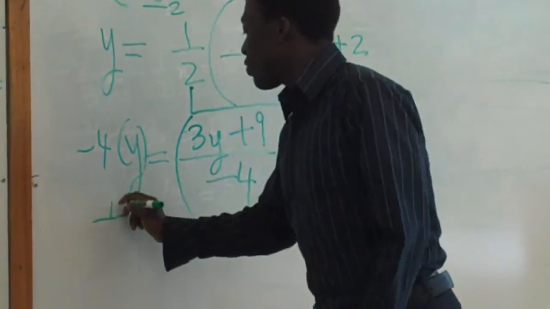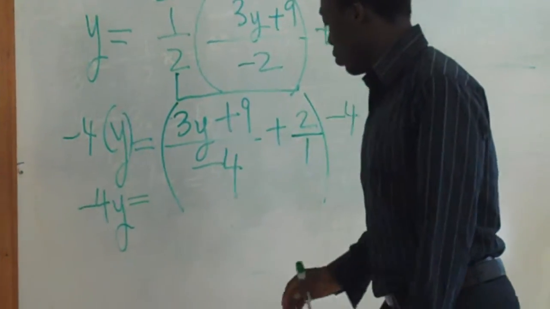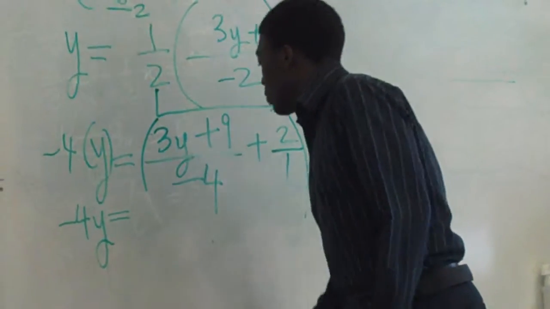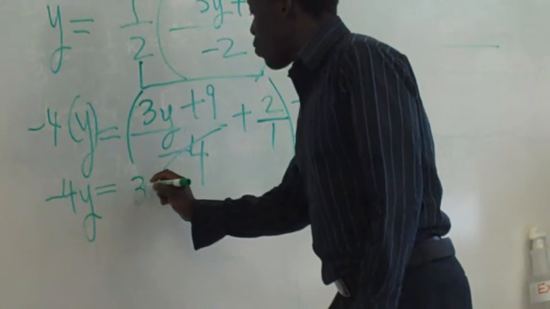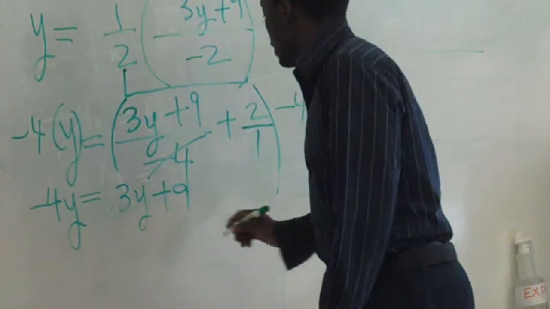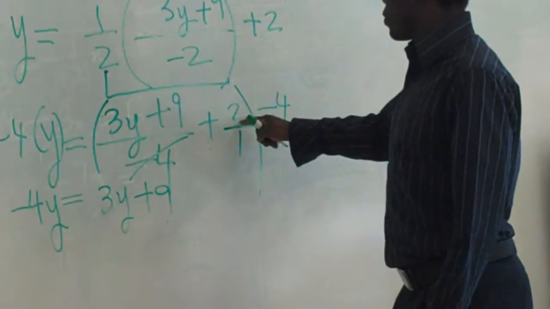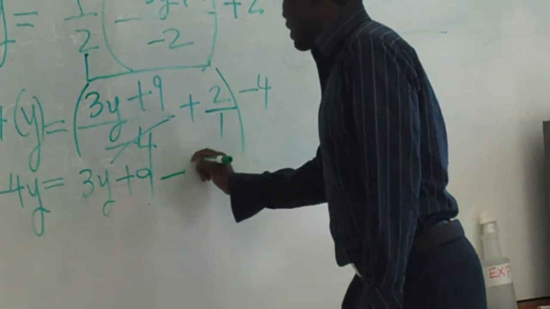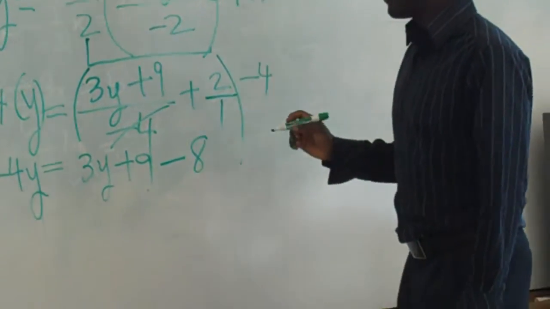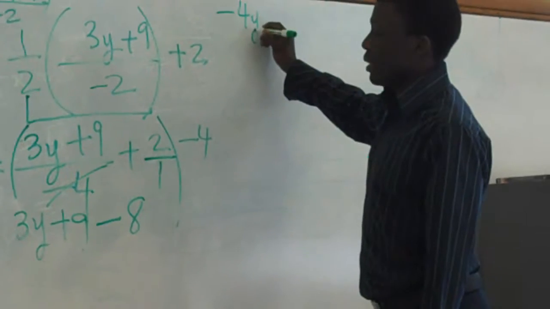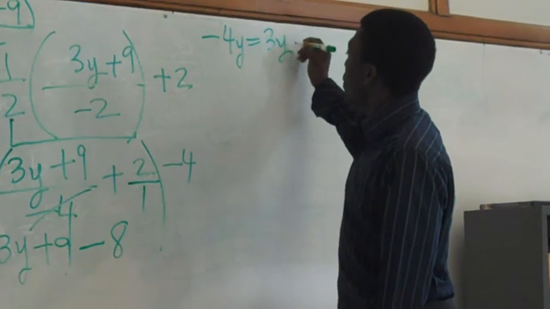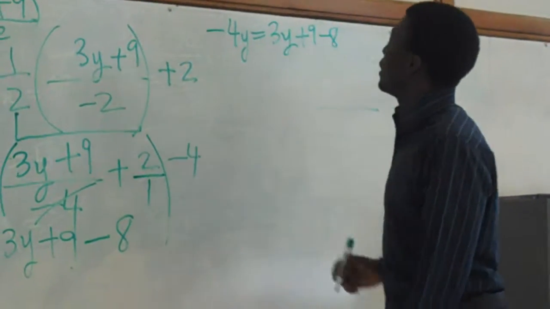So here we have minus 4y is equal to, this minus 4 cancels, so we get 3y plus 9. And then on this side, this times that will give us a minus 8. So all we have is minus 4y is equal to 3y plus 9 minus 8.